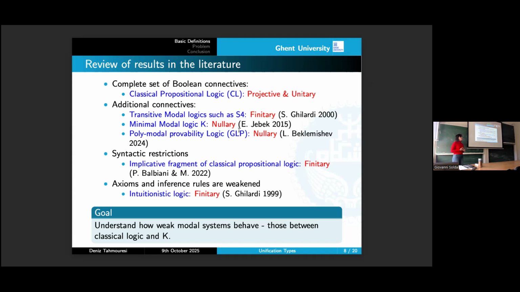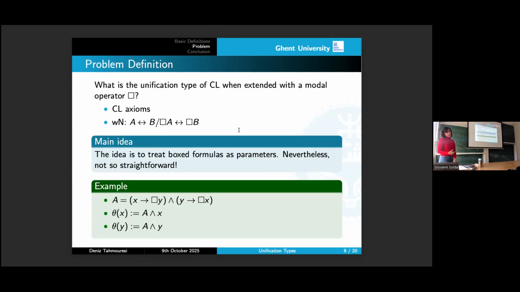The goal of our research was to understand how weak modal systems behave by adding the modal operator box. It is some logic between classical logic and K, and we know K is nullary. So we want to see what is the unification type of the logic that we are going to introduce, and how it is going to react.